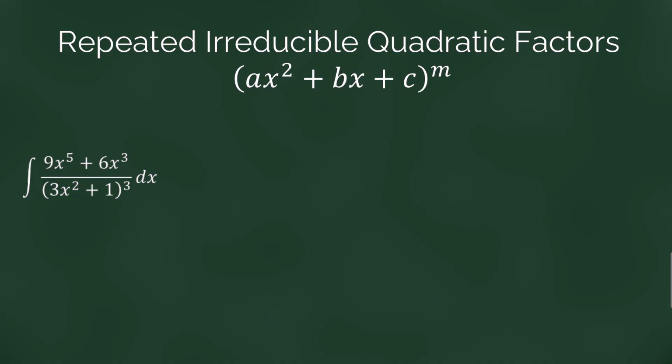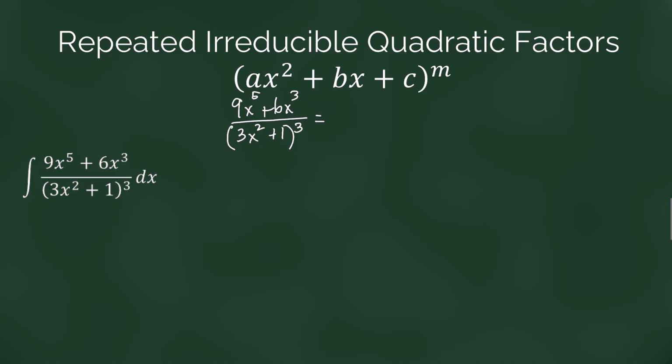So in order to rewrite our integrand, we have 9x to the 5th plus 6x cubed all over 3x squared plus 1 to the 3rd. All of our denominators are going to have 3x squared plus 1 in them, just raised to various powers, which means all of our numerators have to be linear.